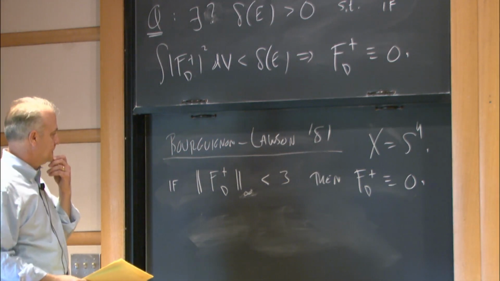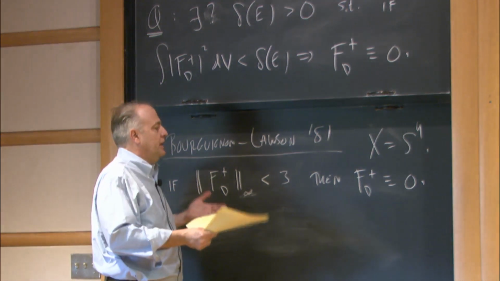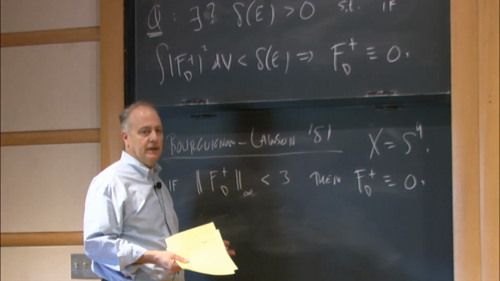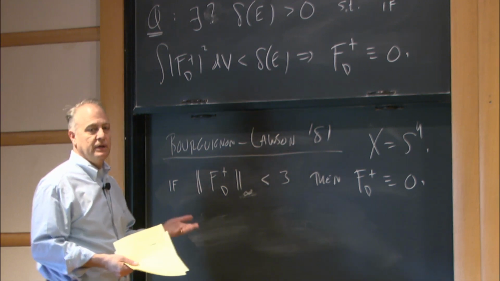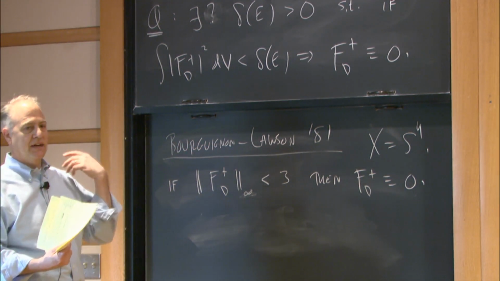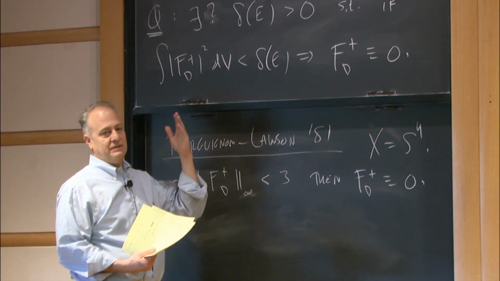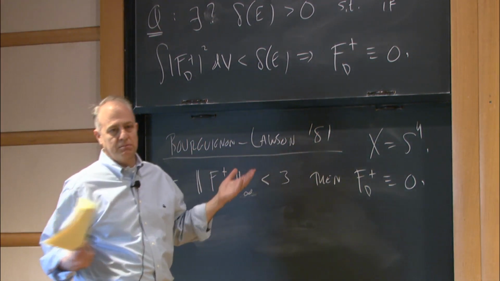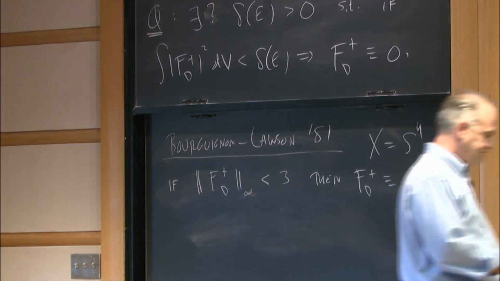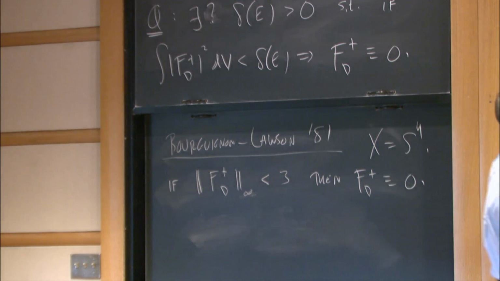Later on I'll write down a Bochner formula, and when you specialize to the case of the sphere, it's a competition of two terms, and if this hypothesis holds, the positive term beats the negative term. That's what it boils down to. Okay, but in the direction of L2 results.